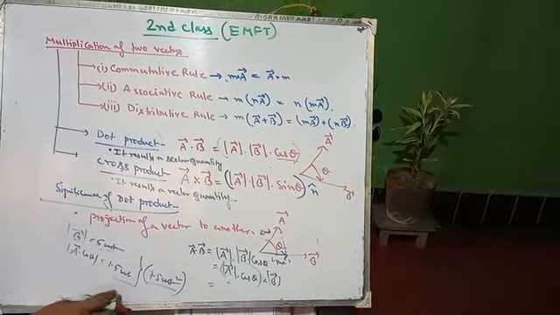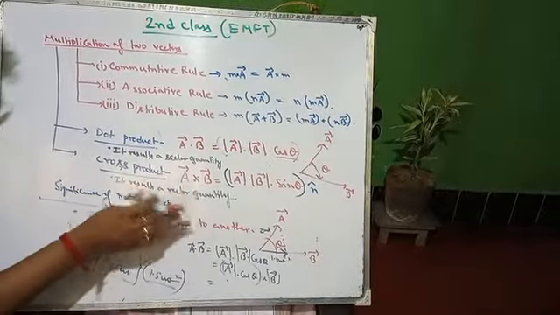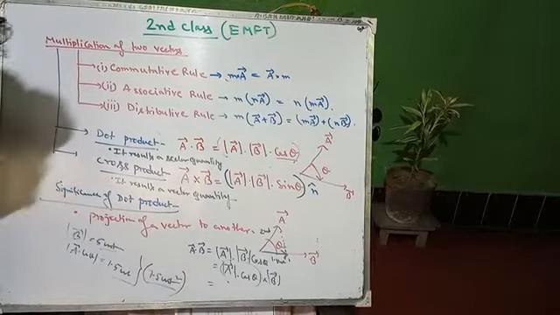It has no direction. So the significance of the dot product is the projection of a vector on another.